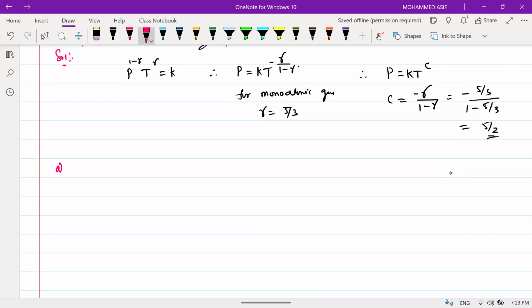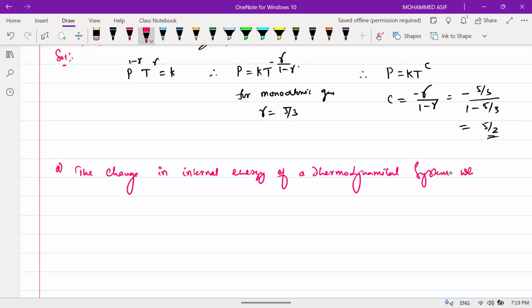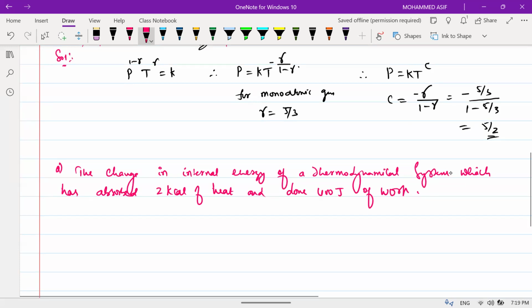See this question. The change in internal energy of a thermodynamical system, which has absorbed 2 kilocalorie of heat and done 400 joule of work, is dash.